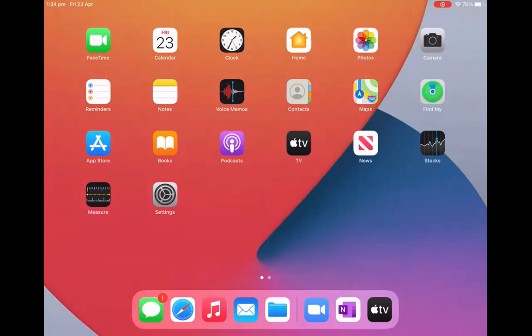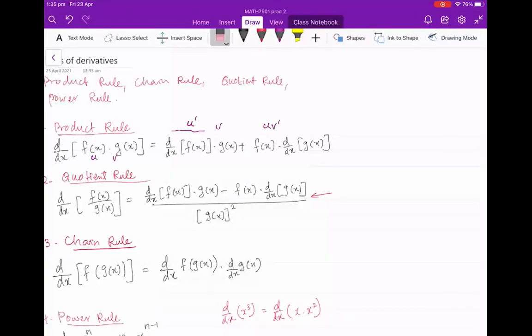I think divide by g squared. Should be divided by g squared. Okay, that's good. And what about chain rule? Yeah, again, good. And power rule? Yep, thanks, Kai. You got everything correct.